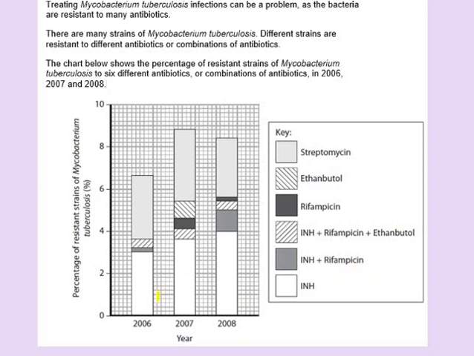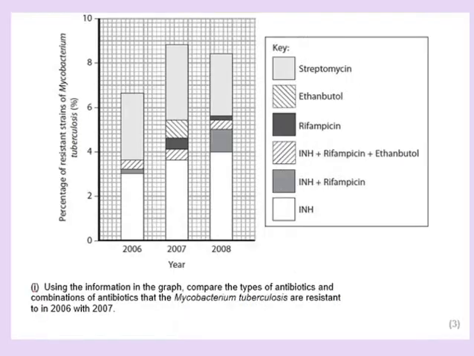So, when we look at this graph, we can see that in 2006, about 3% of Mycobacterium tuberculosis were resistant to INH. Okay? And it seems like over time that resistance just increased. So more and more of the bacterial population was actually getting resistant to this particular antibiotic.